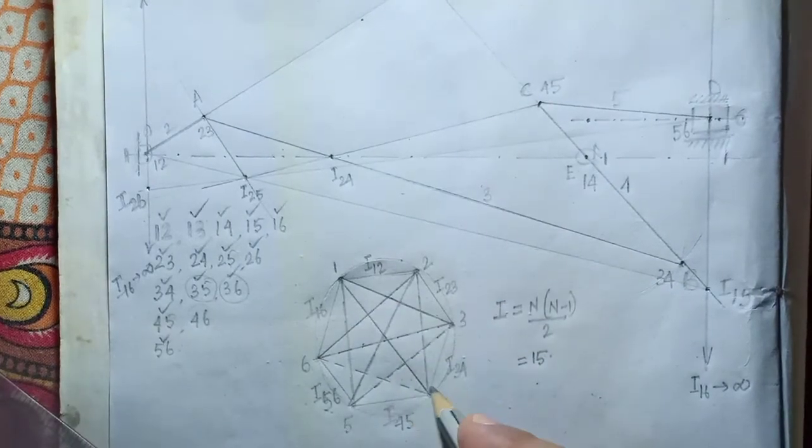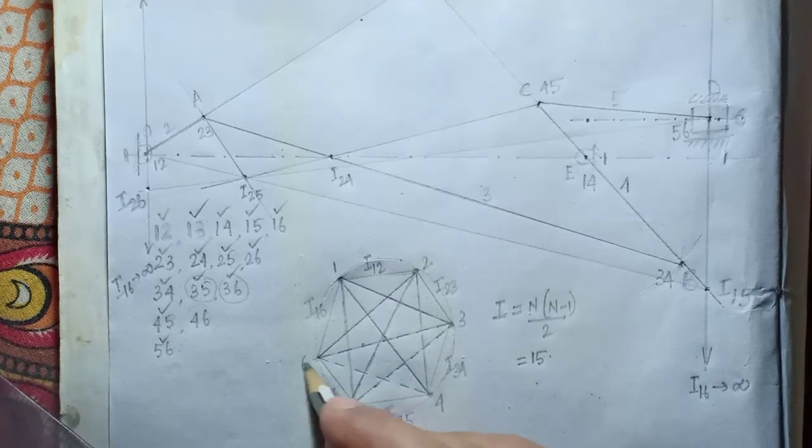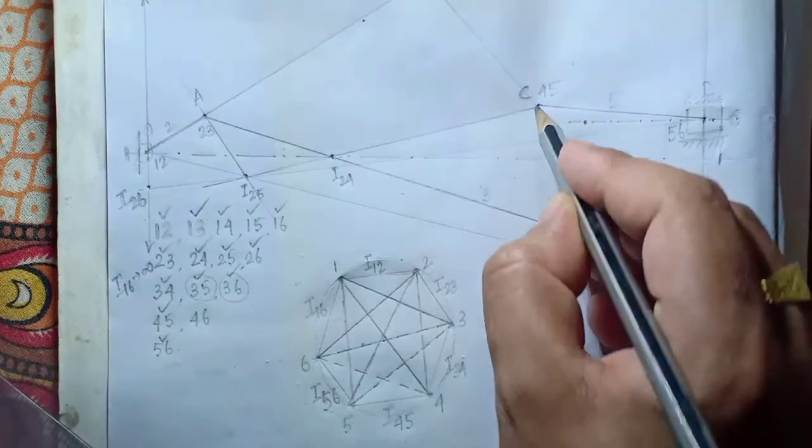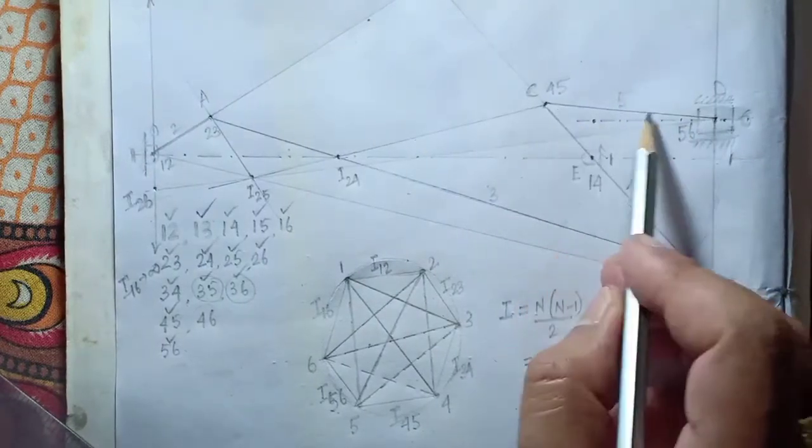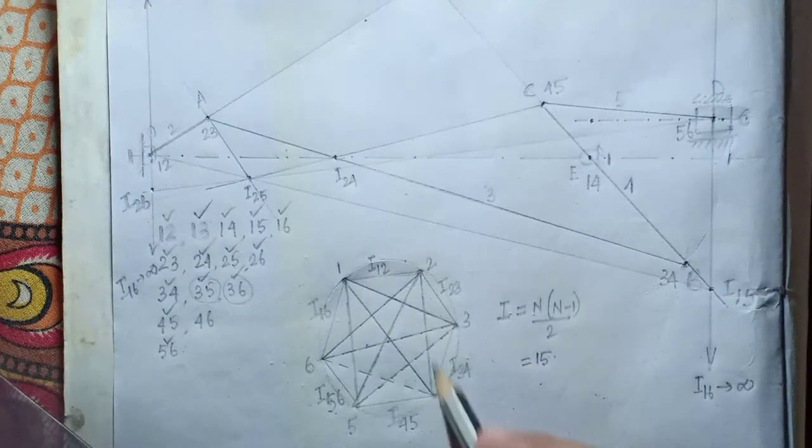To move from 4 to 6, we have one path in the clockwise direction, that is through I45, this line, and I56, this line. Where is 45? 45 point is this, and 56 point is this point. So these points are already joined.